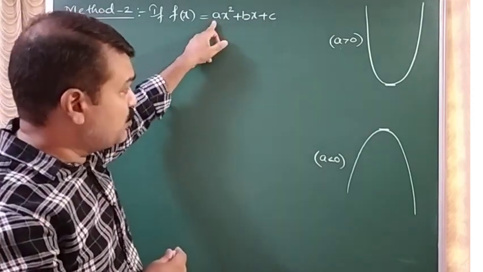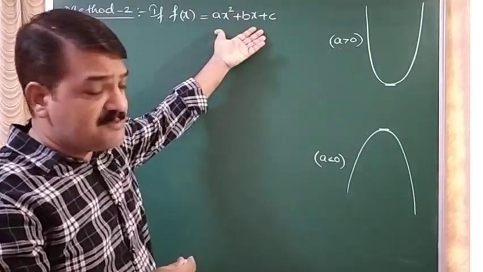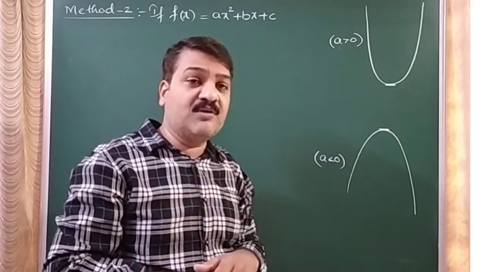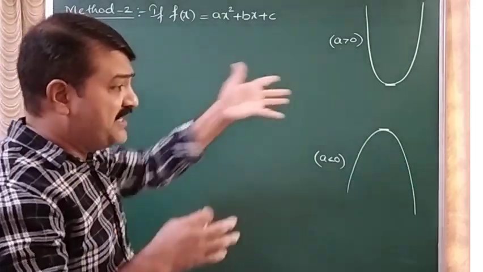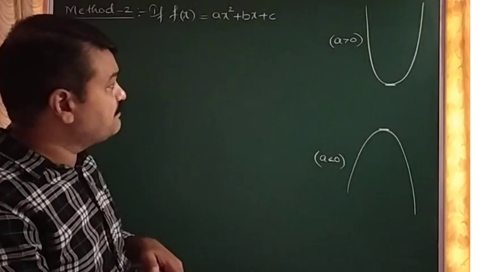When a is negative, the graph of this quadratic expression will be a parabola opening down. So if you have the idea of the graph, you can know that.